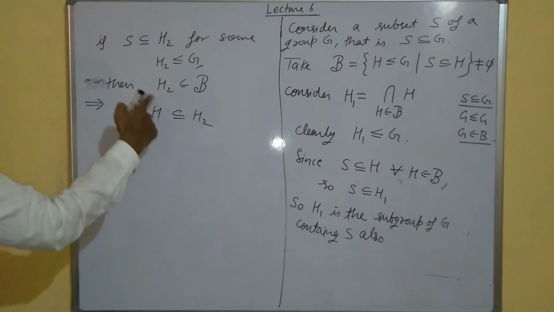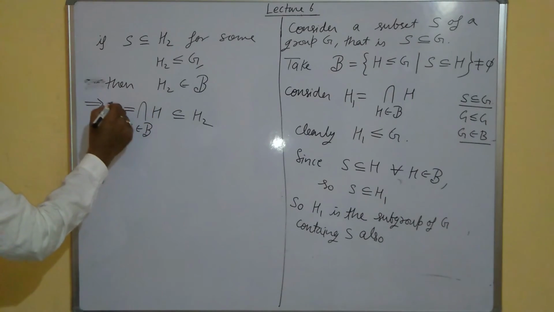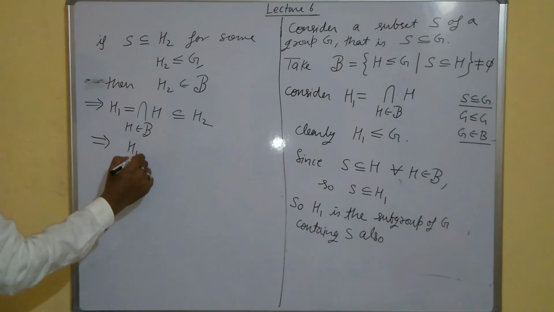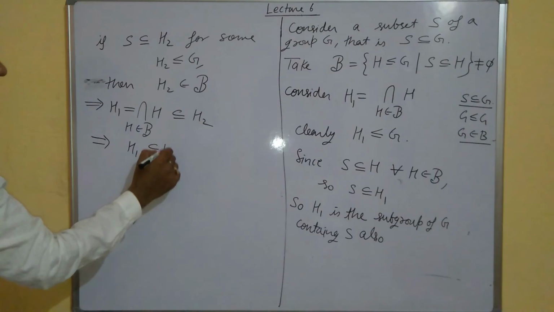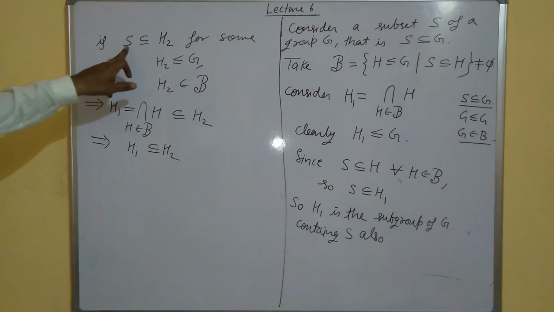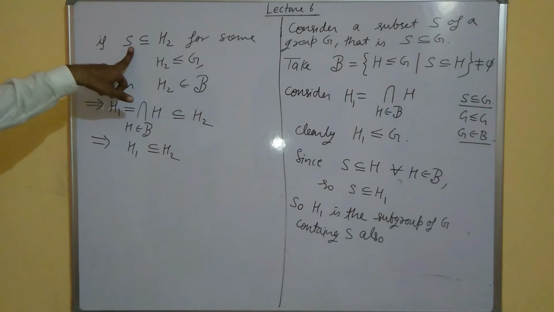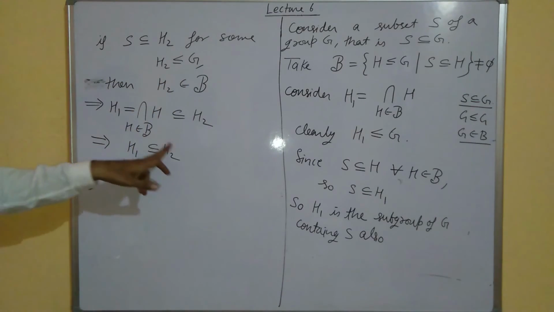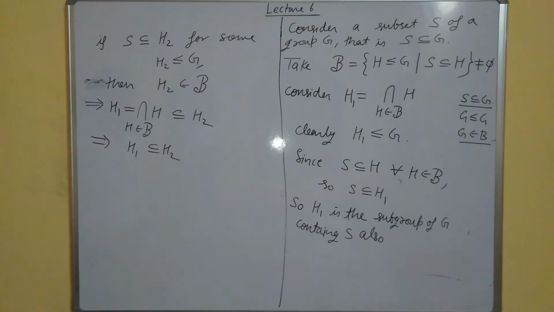Because H2 will also come here, it means H1 will be contained in H2, that is H1 is contained in H2. So this means if S is contained in H2 for some subgroup H2, then H1 will be contained in that subgroup H2.